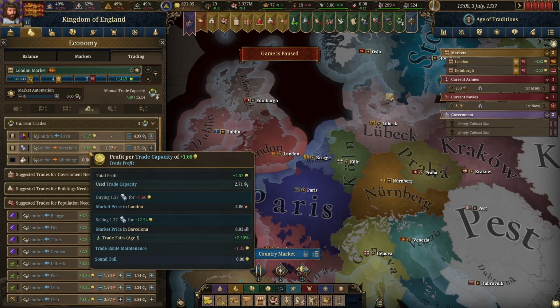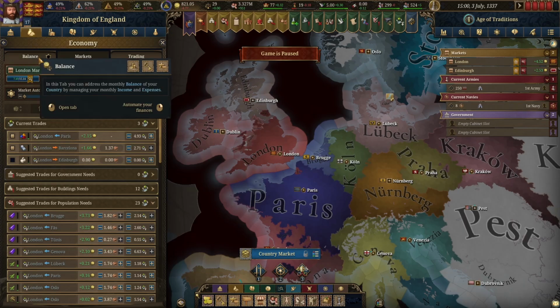And we are making a total profit from this route of 4.52 ducats because it's relatively cheap in London, and we're selling it at a relatively high price to the exporters, selling at 8.93 ducats in the Barcelona market. And I can see that 4.52 profit.